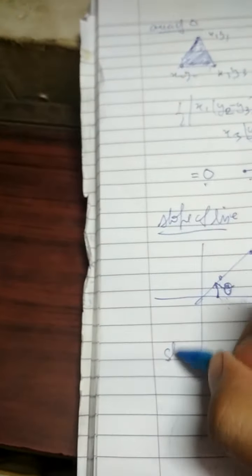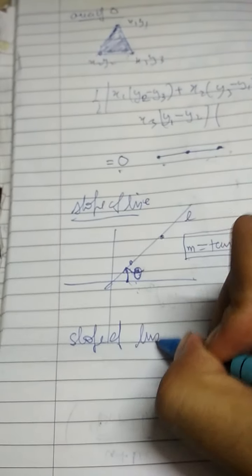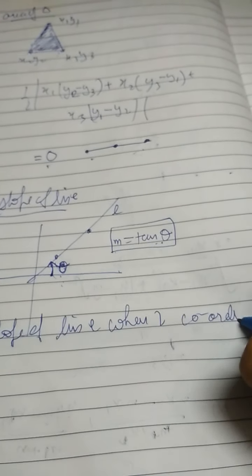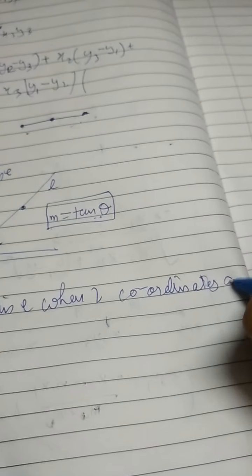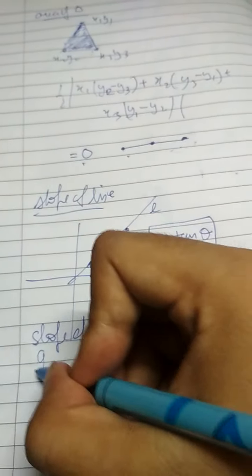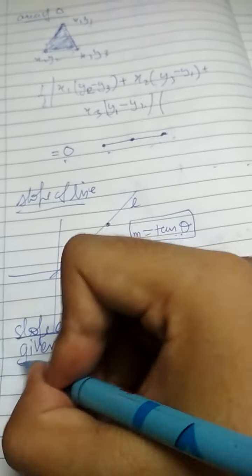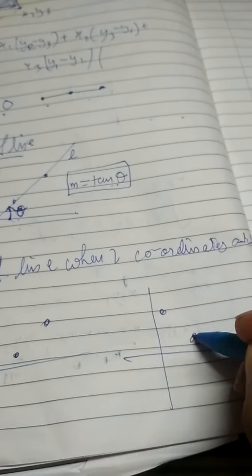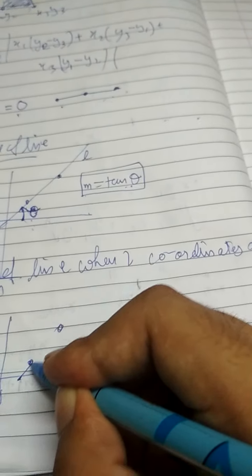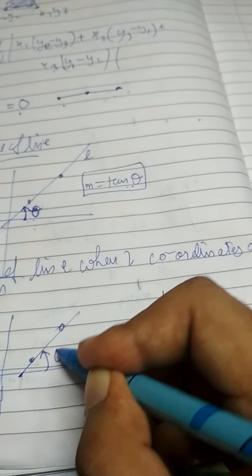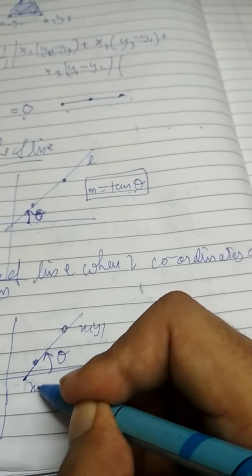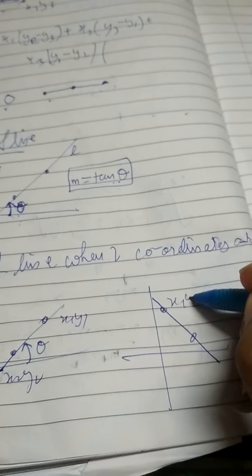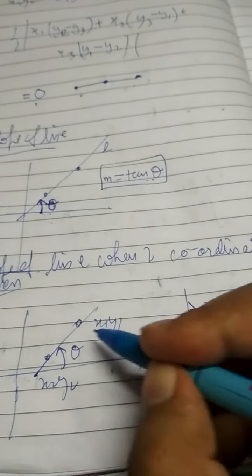Slope of a line when 2 coordinates are given. So we are given these 2 points, and the line is passing through these. With respect to the positive x-axis, it is theta. This is (x1, y1). This is (x2, y2). So what will be the slope of this line?